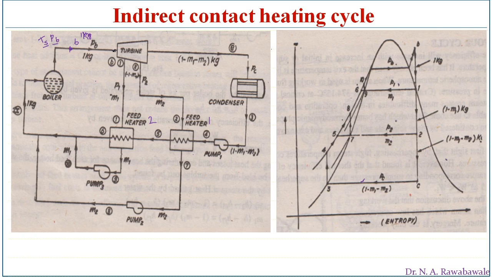When it enters into the turbine at point B, that point B is represented here on the TS diagram. The condition of steam is pressure PB, temperature Ts, and 1 kg of steam. Then it enters into the turbine. 1 kg of steam is expanded from point B to 1, so that pressure falls up to P1.